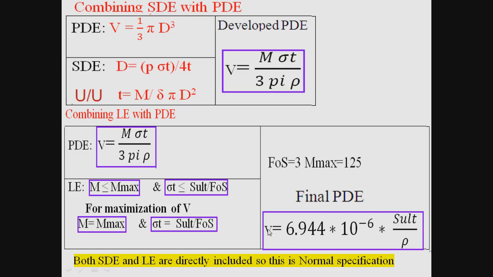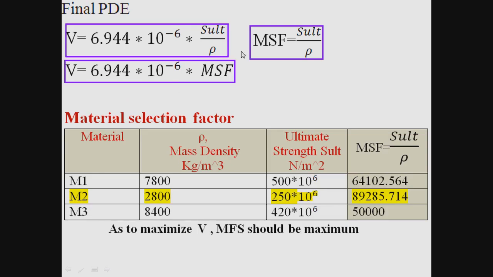The material should be chosen so that this value is maximized. So this is the maximizing parameter, that is SUT by rho. SUT by rho is the MSF here.